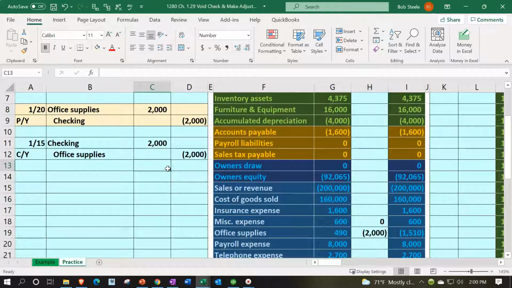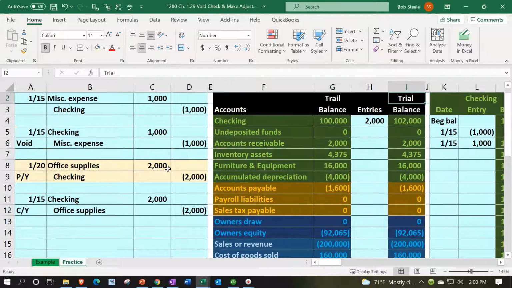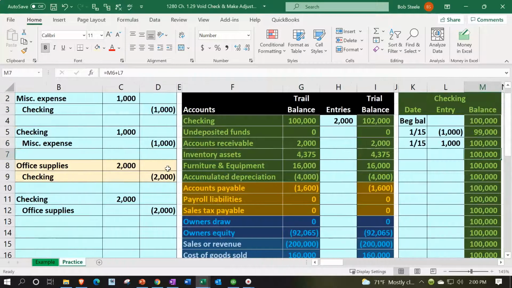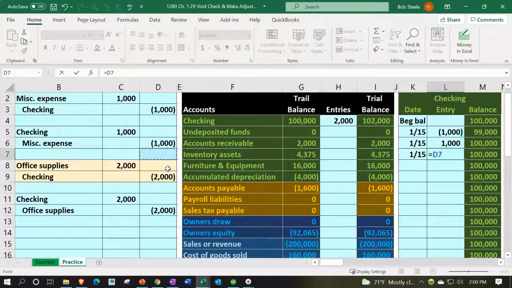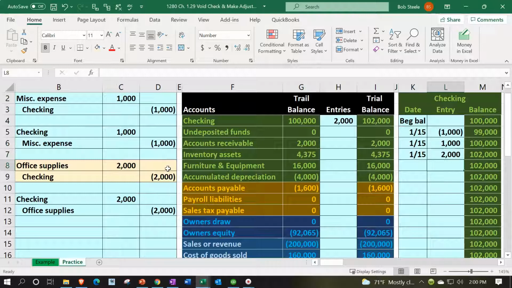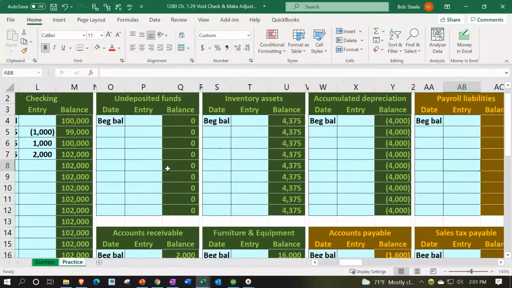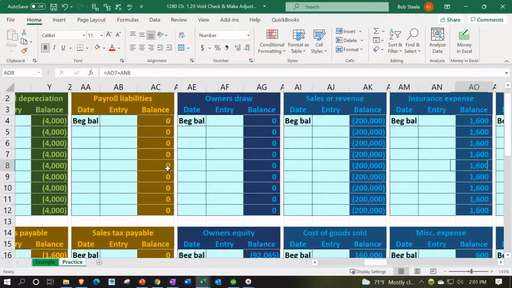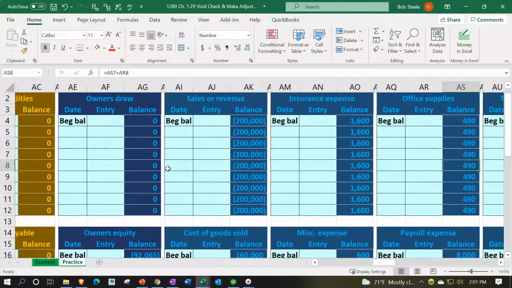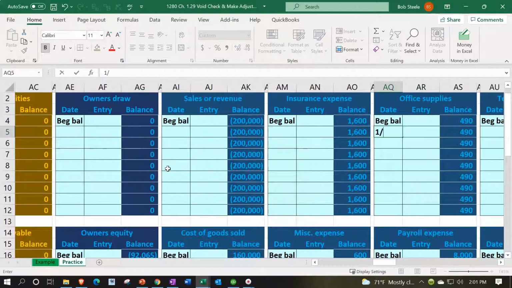So this one, then we're going to say, okay, if I reverse this, then I'm going to say it reversed as of, we're going to say 115 again. And this is going to be equal to the checking account's going to go back up. And then the office supplies we said was over here: assets, liabilities, equity, and then expense accounts. Office supplies on 115.